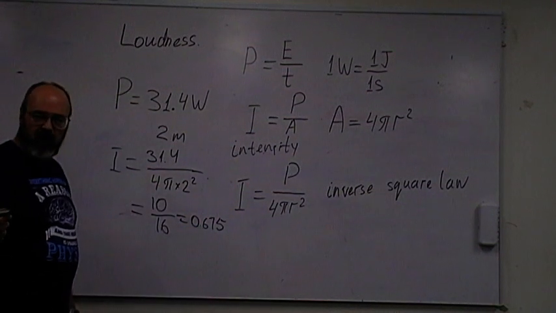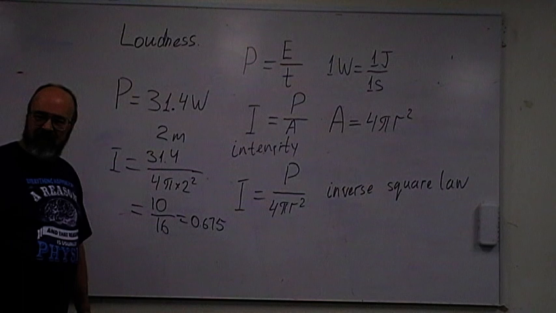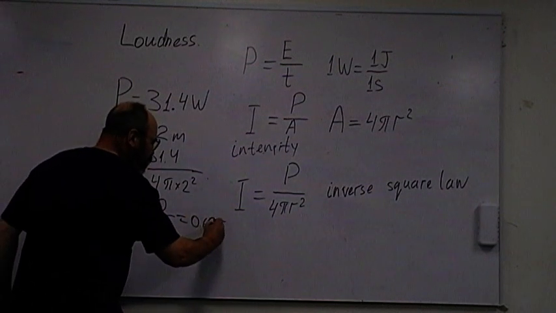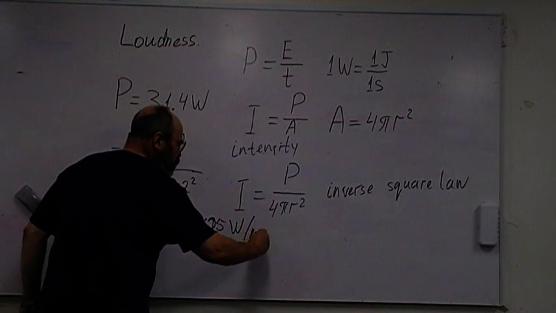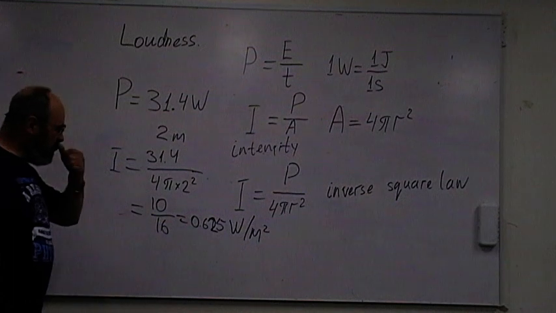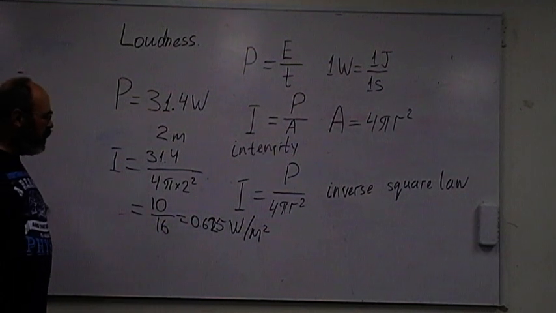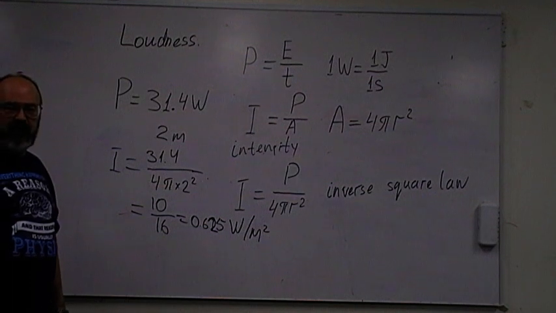Can you check with your calculator? 0.625 watts per meter squared. That will be the intensity of the sound 2 meters away from that source.